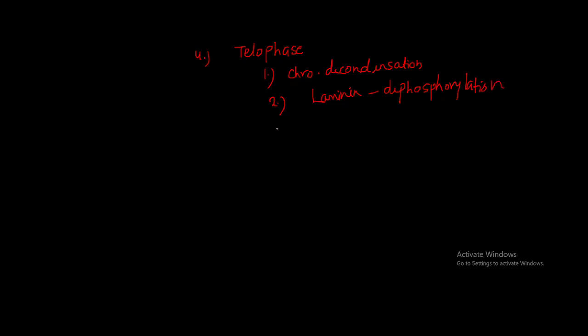Number three, the nuclear membrane will form. Okay, so these are the major things that are going to happen in the telophase. Again, in the telophase there will be 92 chromosomes and 92 chromatids.